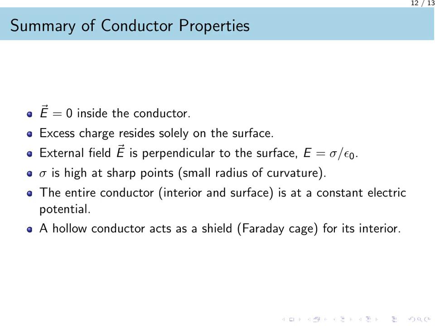Fourth, the charge density sigma is exceptionally high at sharp points where the radius of curvature is small. Additionally, the entire volume and surface of the conductor remain at a constant electric potential. Finally, any hollow conducting shell will act as a Faraday cage, shielding its interior from external fields.